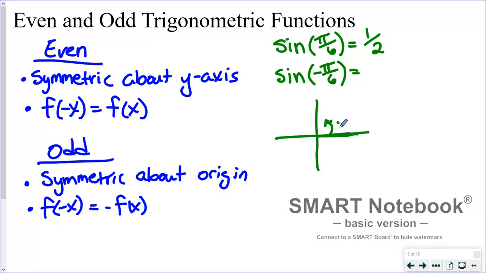Positive goes this way, and negative goes this way. Positive pi over 6 is up here, so negative pi over 6 would be down here. If you look at a unit circle, negative pi over 6 is really the same thing as 11 pi over 6.